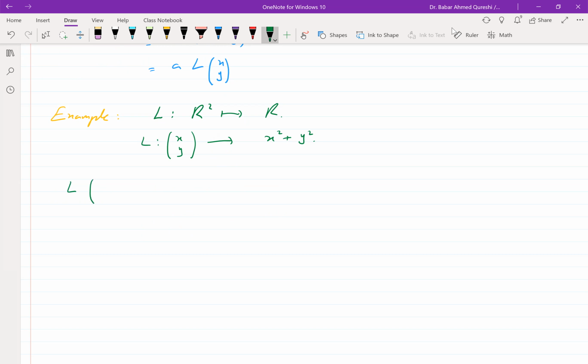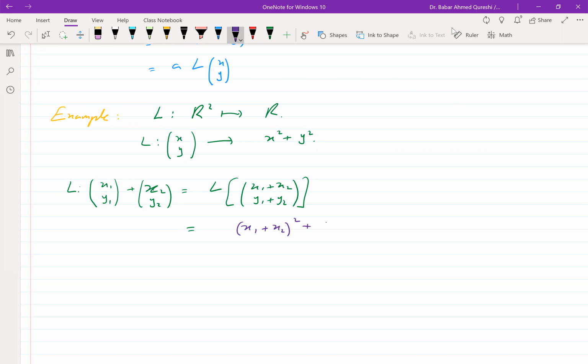Now we take two of them, x1, y1 and x2, y2. This is L applying on my vector, and I'm applying this transformation on this. According to my rule, this goes to x1 plus x2 whole square plus y1 plus y2 whole square.